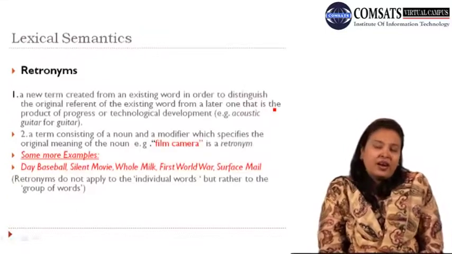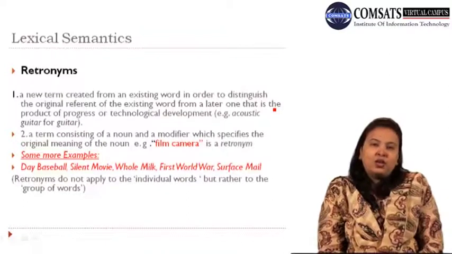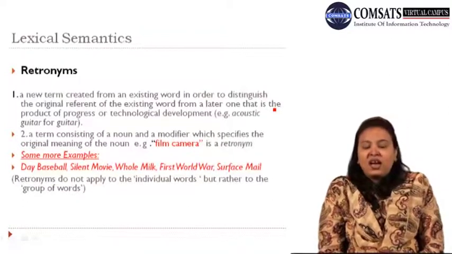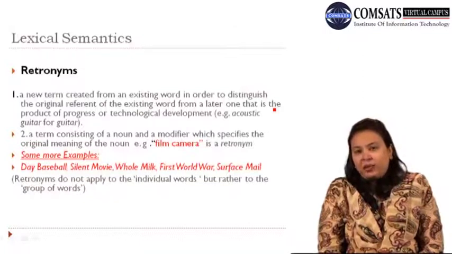Then we have retronyms. Retronym is a quite new term. It is actually created from an already existing word in order to distinguish the original referent of the existing word from a later one, that is the product of progress or technological development.